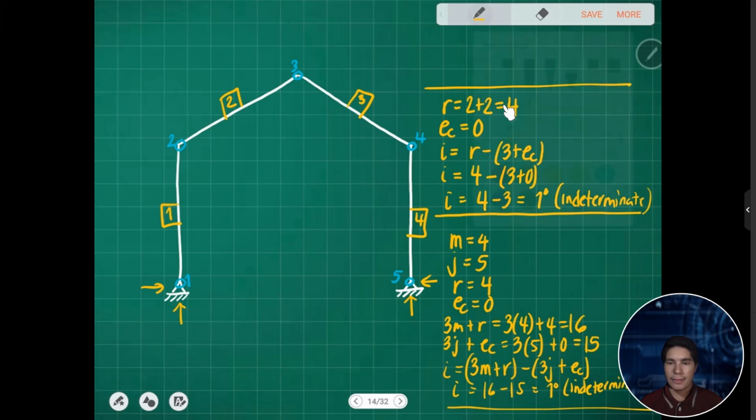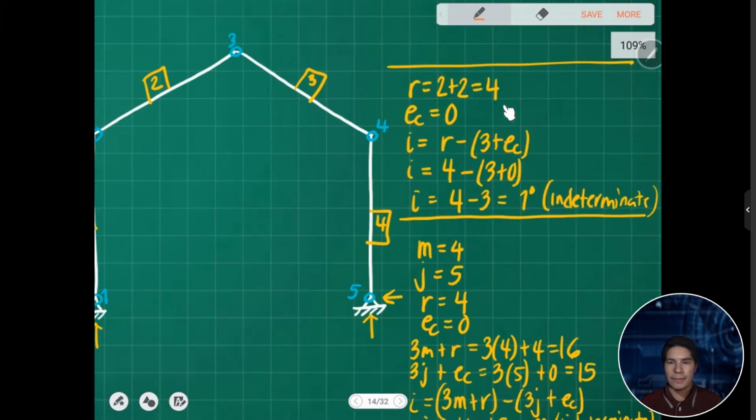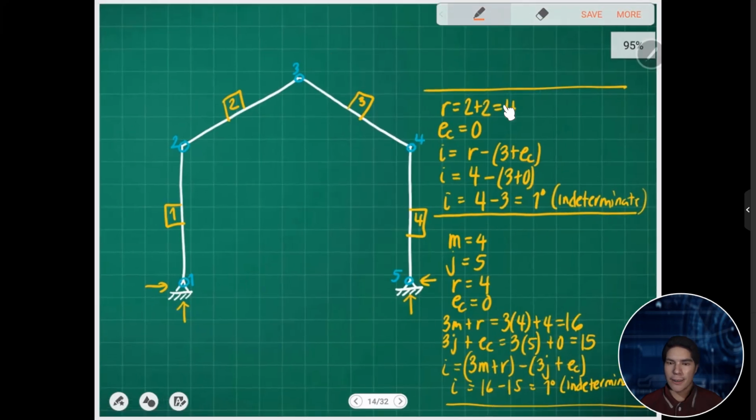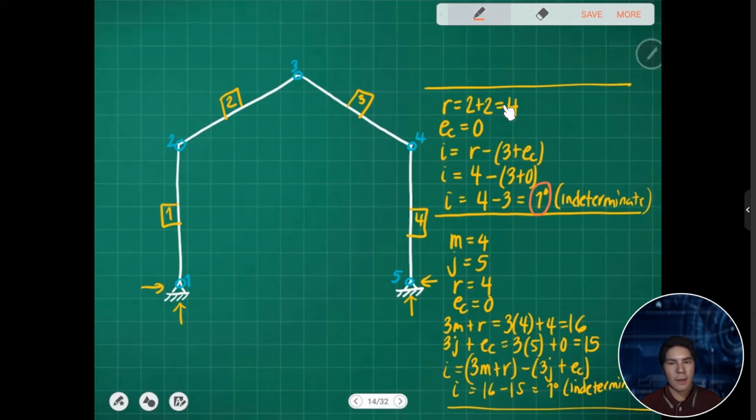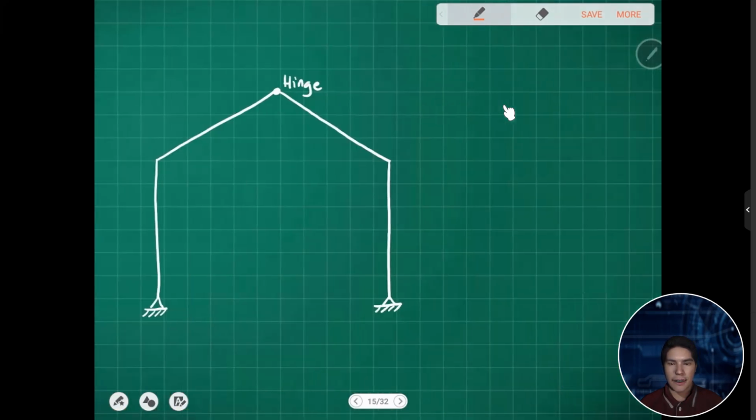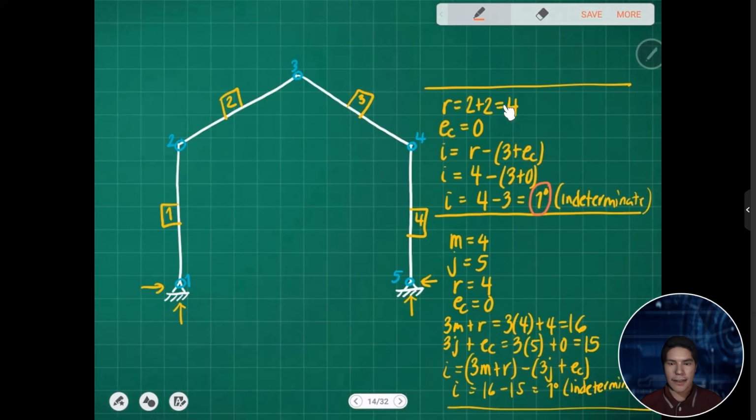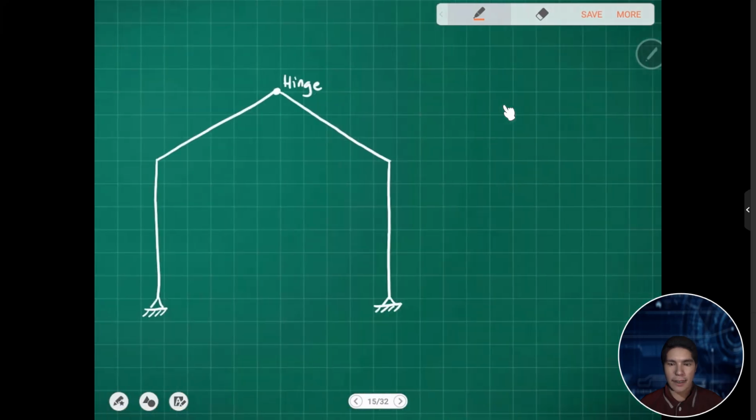So in order to analyze this frame, we need one internal hinge. That can be shown here. This is the same structure; I just added an internal hinge. Again, we count the number of reactions. We have 2 plus 2, so we have 4.